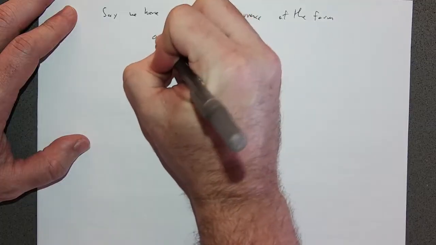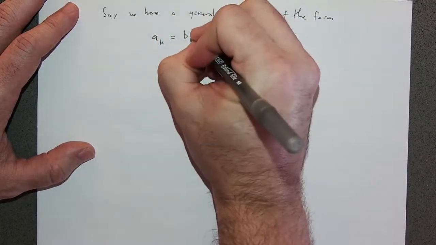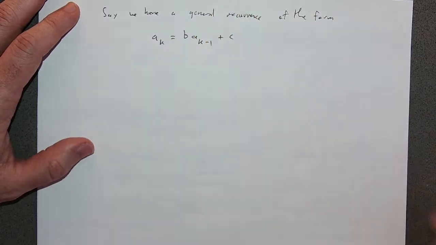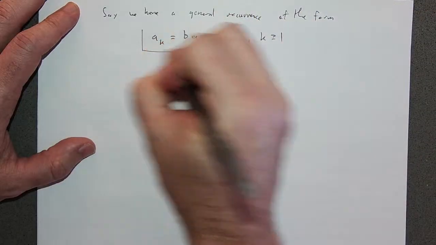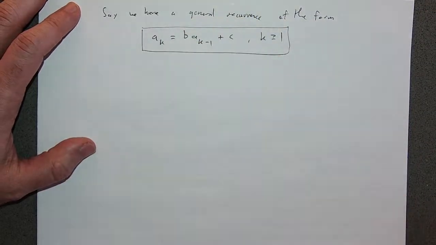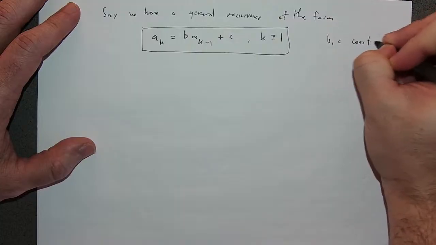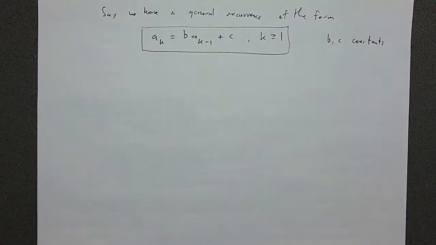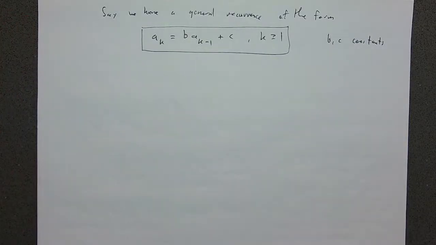we'll say a sub k is b times a sub k minus 1 plus c for k bigger than or equal to 1, where b and c are constants. This is another linear recurrence relation, just like the Fibonacci recurrence.